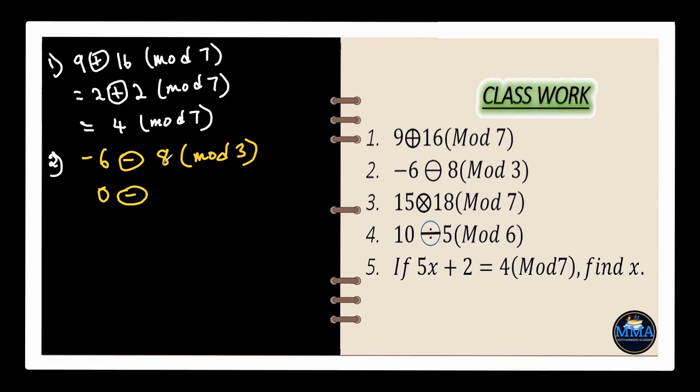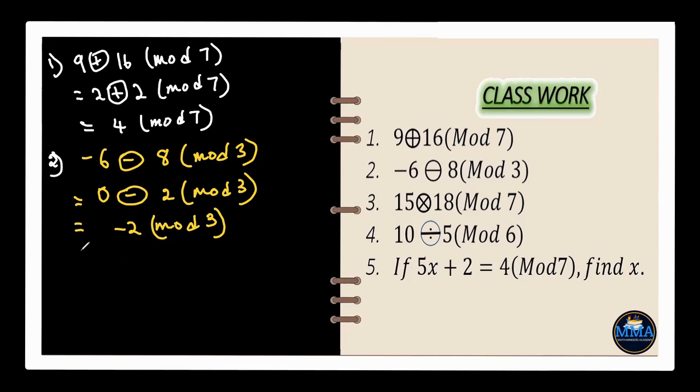Then 8 in mod 3 is actually going to give us 2, because if we divide 8 by 3, we have a remainder of 2. Now, if you look at 0 minus 2, this gives us minus 2 mod 3.